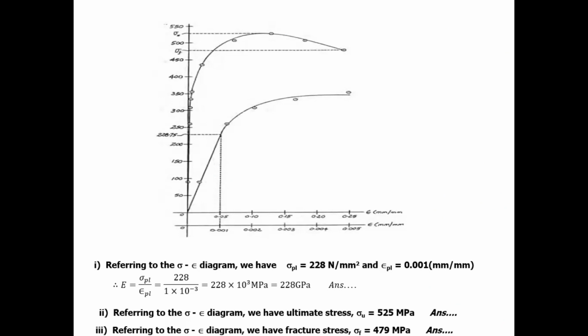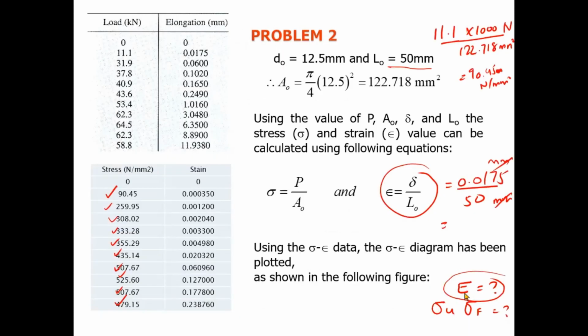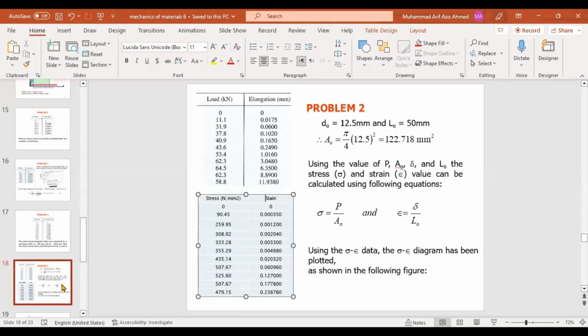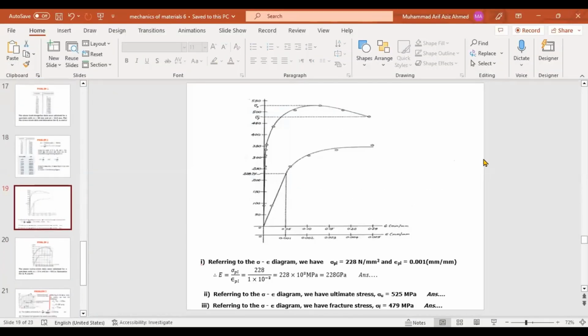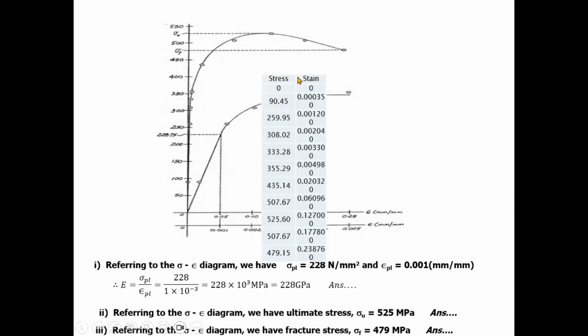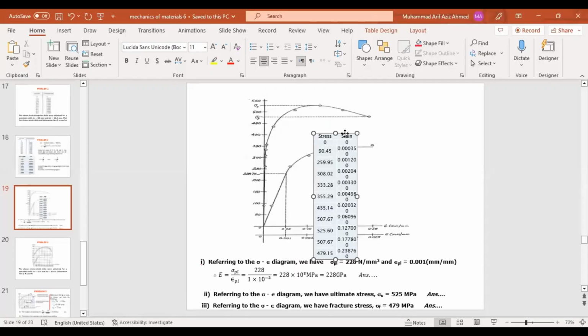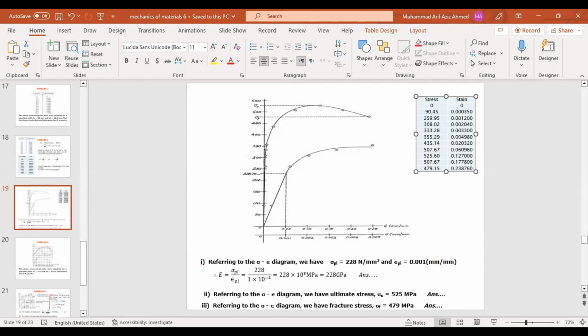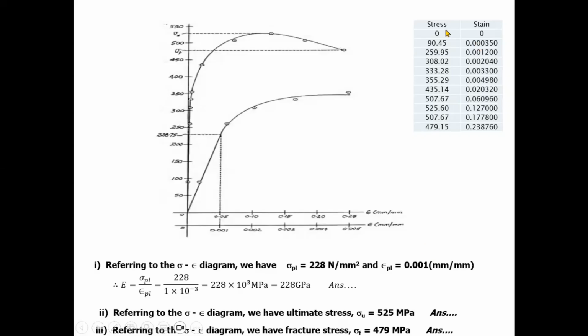Let me copy and paste these values here, so it will be easy for us to see. At 0, stress and strain are 0. So this is our first point.